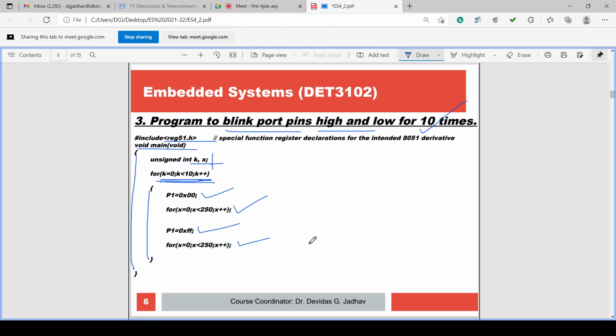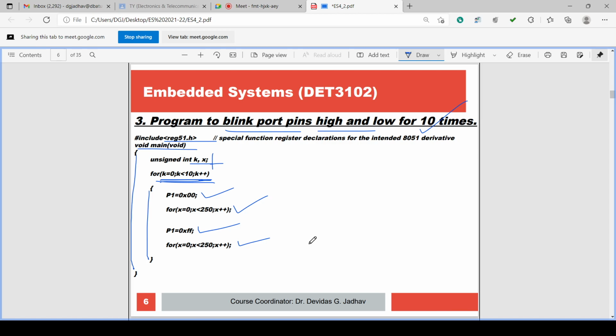Then third program, blinking of the LED port is there. One port is taken, P1, and high to low blinking is there, and this blinking is finite, 10 times only. This making off and making on of the port, and again making off and making on, this process is repeated 10 times.